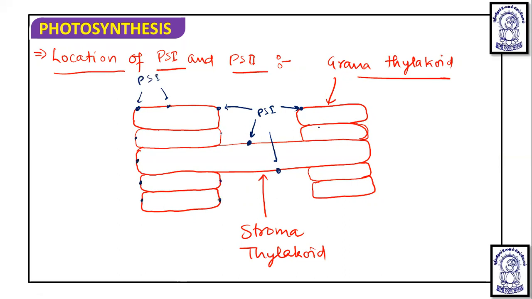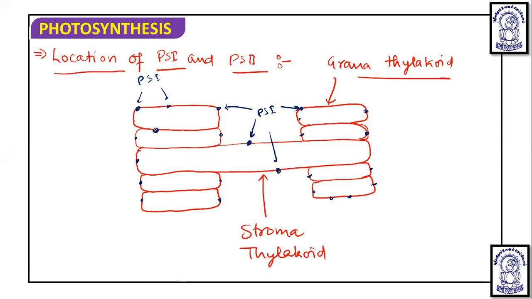These all are PS1. Means PS1 is located where? On the free surface. See, this is the common surface. At the common surface you will not see the presence of PS1, but on the free surface you will see the presence of PS1. Means PS1 is located on the non-appressed or free surface of the grana and stroma thylakoid.